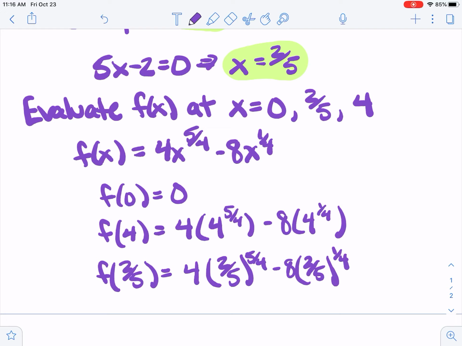F of 2/5 turns out to be negative 5.09. And f of 4 comes out to be 11.3. So the absolute max and the absolute min have to occur at critical points and or endpoints.